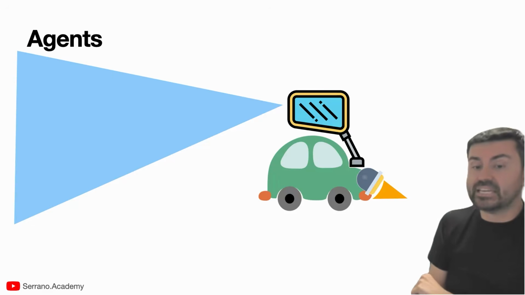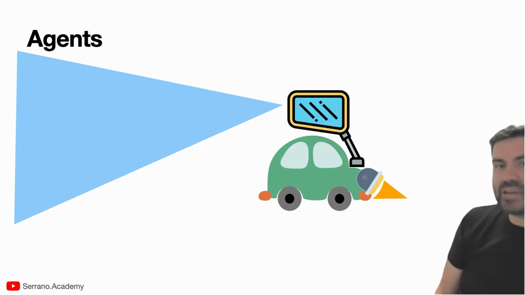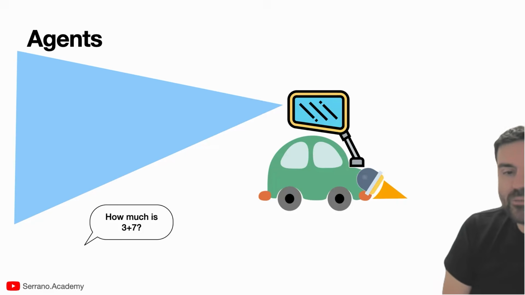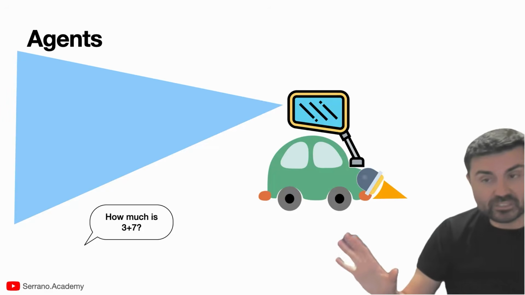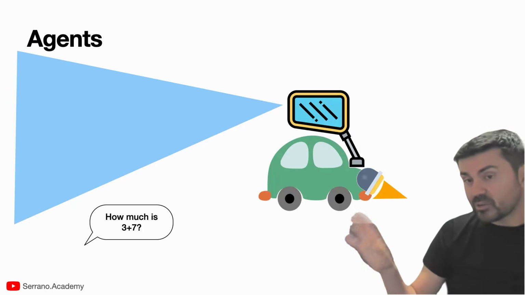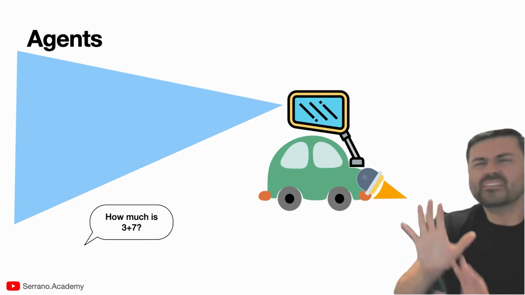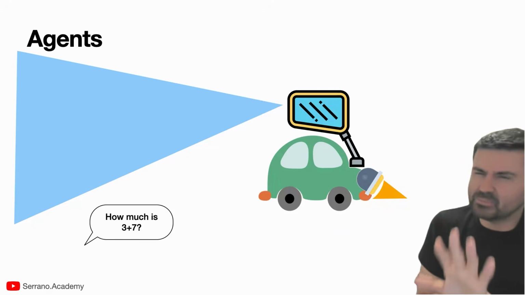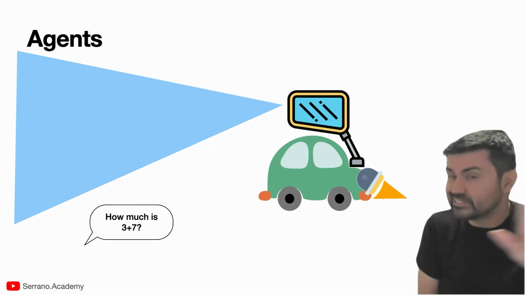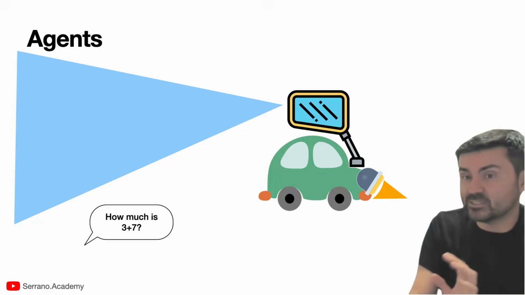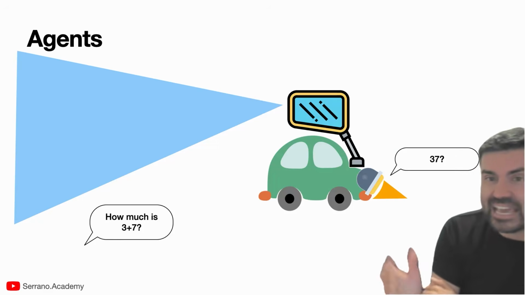Let me give you another agent. Let's go back to the math problem. I'm going to ask it how much is 3 plus 7. So as we talked about before, a model that knows how to pick the next word in a sentence is not going to know how to subtract and how to add. Maybe it'll figure out from reading the whole internet, but believe me, a square root is not going to happen from picking the next word in a sentence. So it's just going to answer with a number.